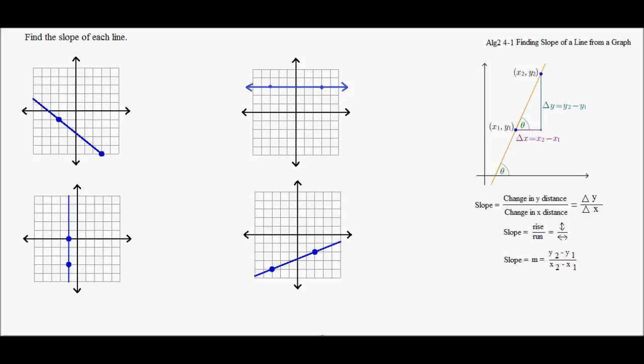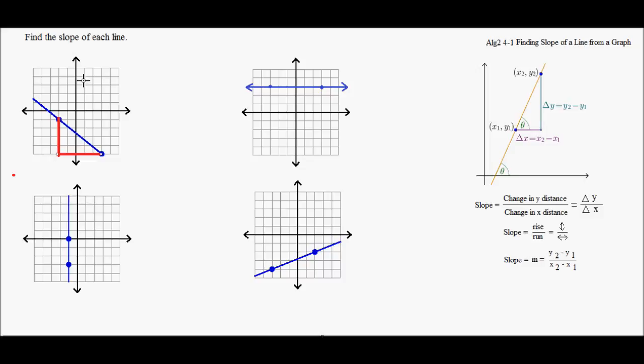It doesn't matter which point you start at. You can start at this point and work your way down. You could go this way, like here, and then this way, and so you just count: 1, 2, 3, 4.